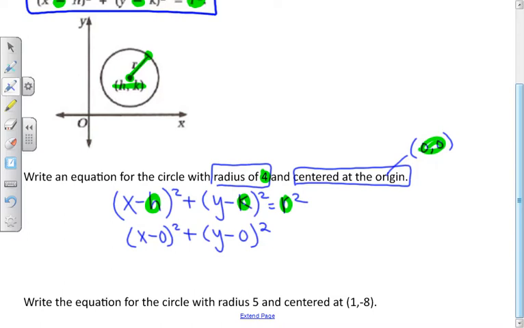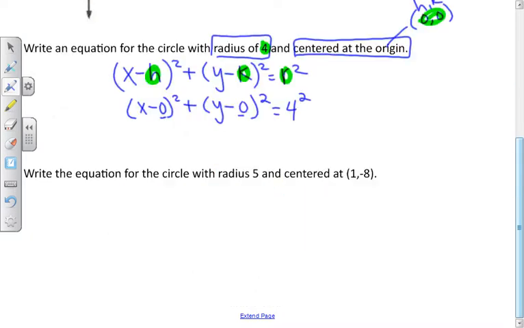So (h, k) is (0, 0), comes from here. My radius is 4, and of course if we clean that up a little bit, x minus 0 is just going to be x, y minus 0 is just going to be y, and it equals 16. And that is the recipe for writing, drawing, graphing that specific circle.